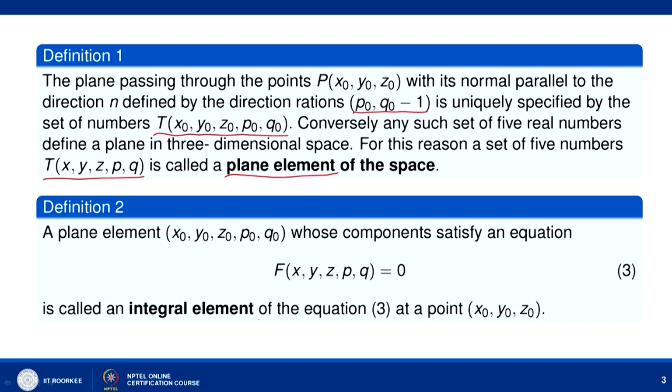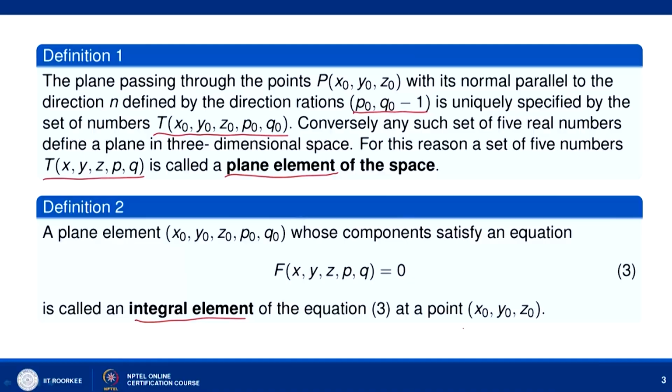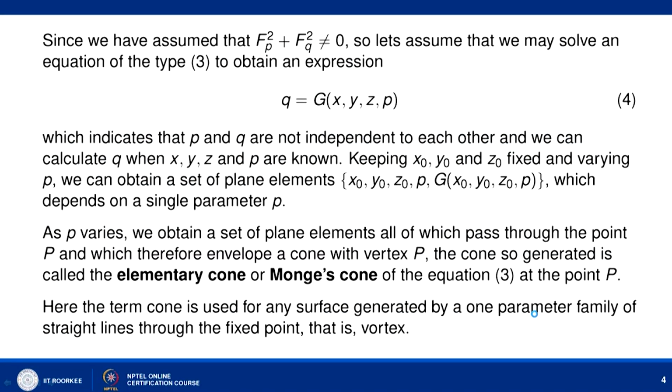So, if a plane element satisfies the partial differential equation f(x, y, z, p, q) equal to 0, then we call this plane element an integral element at a point (x naught, y naught, z naught).